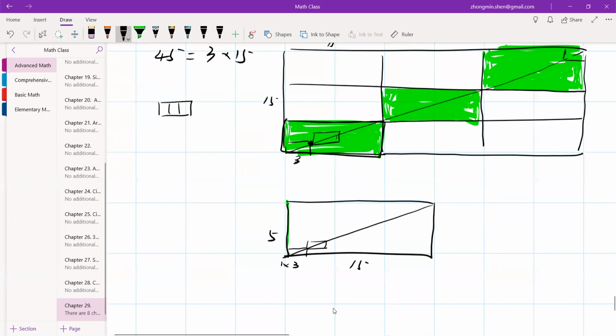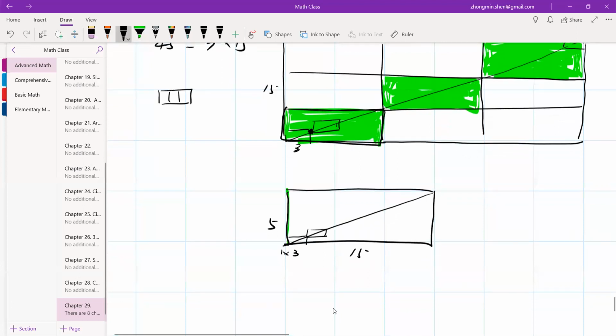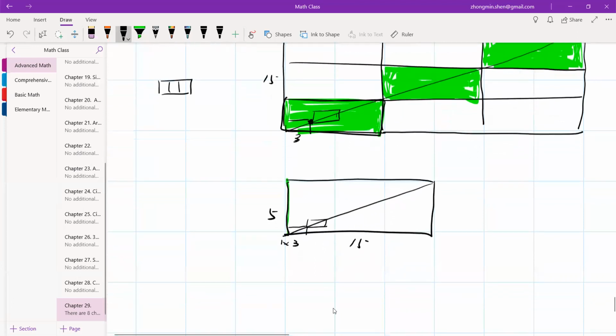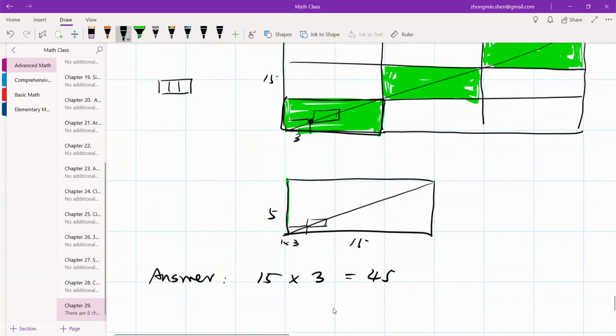For each 1 by 3, the diagonal passes through 3 tiles, right? So in total there are 15 tiles along the diagonal. So there are 15 tiles along the diagonal, and my answer is 15 times 3. It's still 45 tiles.